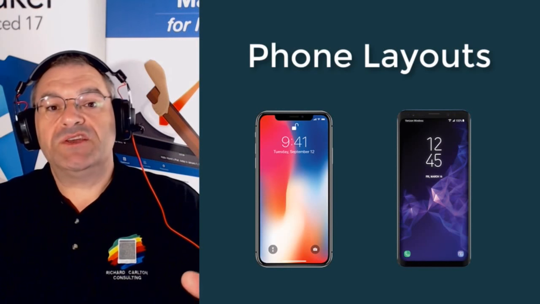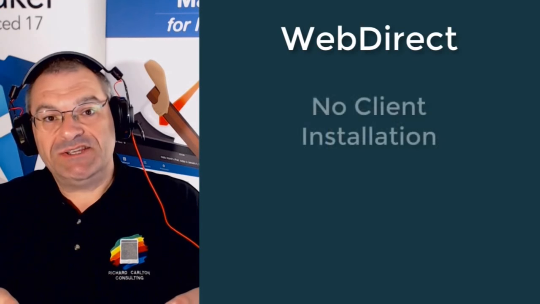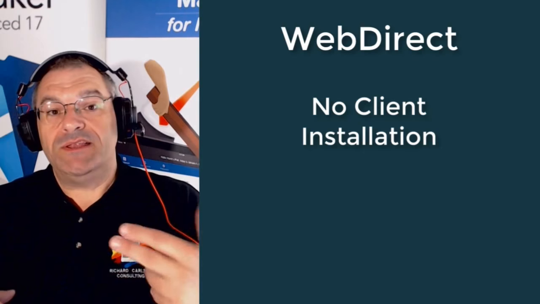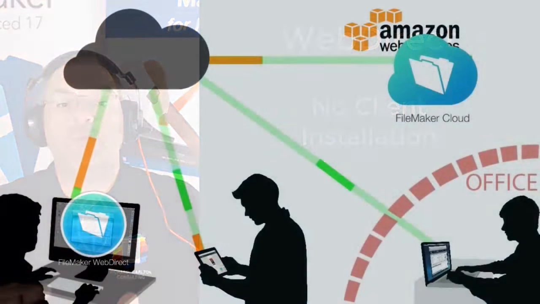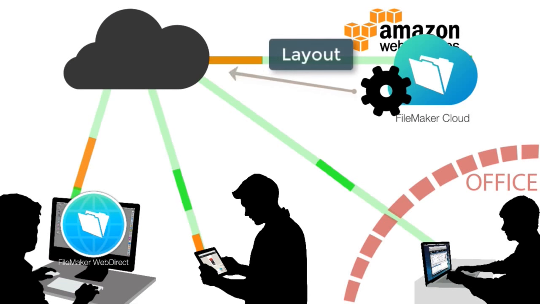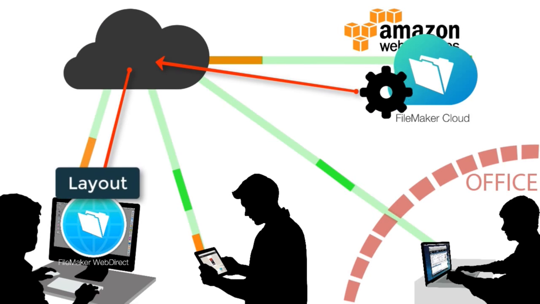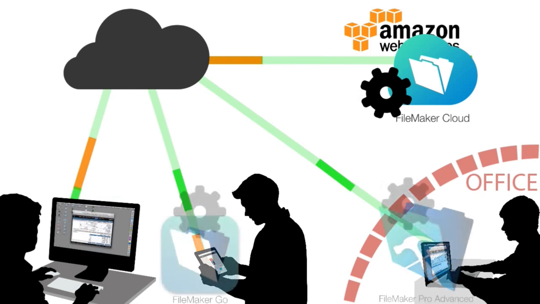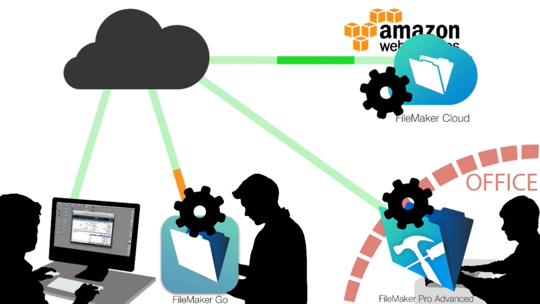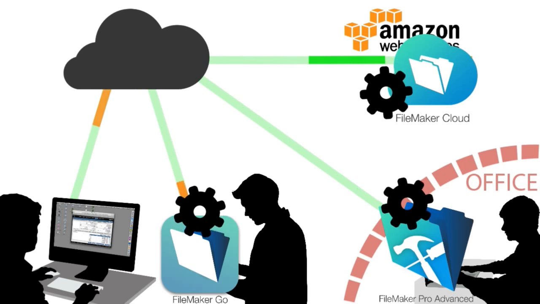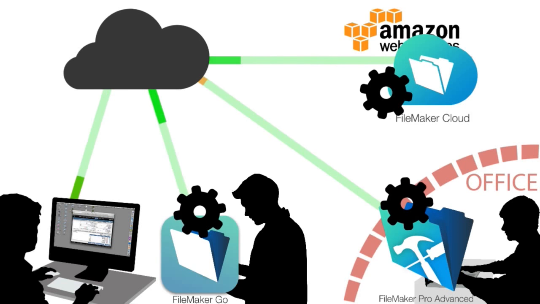WebDirect is cool because it requires no installation of client software on the user's computers. Now, the downside to WebDirect is it does cause more of a load on the FileMaker Server or the cloud, which is also a server. So with the FileMaker Go and Pro clients, some of the processing, the calculations that make the custom app work, some of those things are handled at the client level.